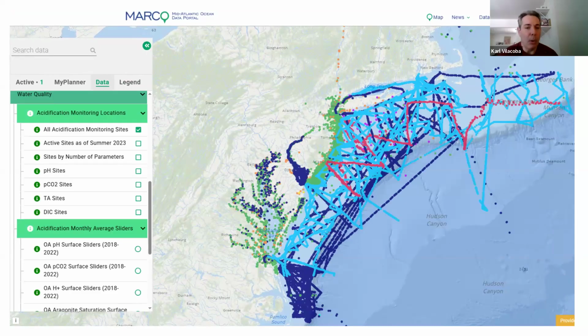And one question we would always get in those early days was, all right, so those are the sites. Can we tell by these what the actual readings are? At the time, we could say no, but you can click on them. You can get a pop-up that would tell you who you can ask about that, so we can direct people to that.